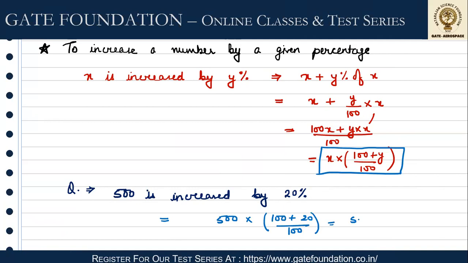That is 500 multiplied by 120 by 100. If you solve this, what will be the answer? 600. Simply, it will be 600. The 0s will cancel out. 12 into 5 is 60, and there will be another 0. So 600 will be your final answer. Right. So directly you can find out the result if we are increasing a number by a certain percentage. So how the quantity is actually increased.